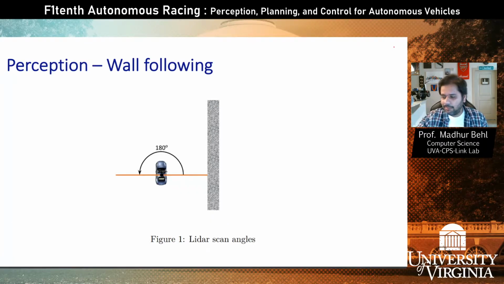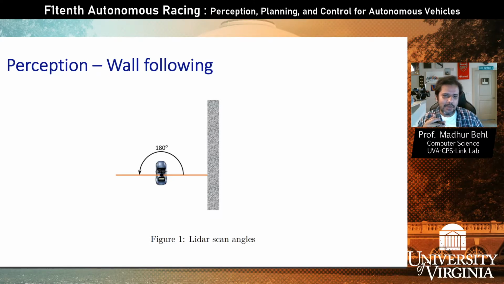And so the idea behind wall following is that we will only use the LiDAR as the primary perception sensor in order to go around the track autonomously. Now, previously in the lectures, we have discussed concepts like scan matching and even simultaneous localization and mapping as a way to map the environment using scan matching.